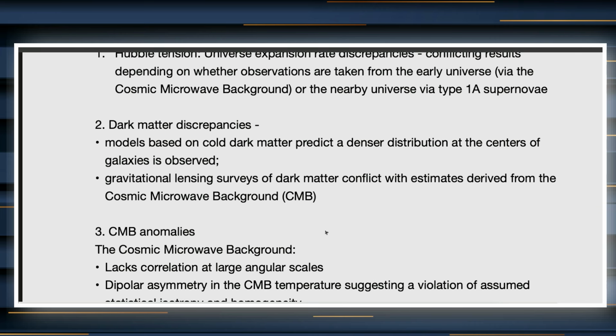Let me add something real quick. The problem with everyone's interpretation of dark matter is the concept of matter. Frank Wilczek properly called it out about 15 years ago when he said, it's not a matter problem, it's an acceleration problem. When dark matter was first observed, what was being seen is that the outer edges of galaxies were rotating faster than they should be based on general relativity and Newtonian mechanics.